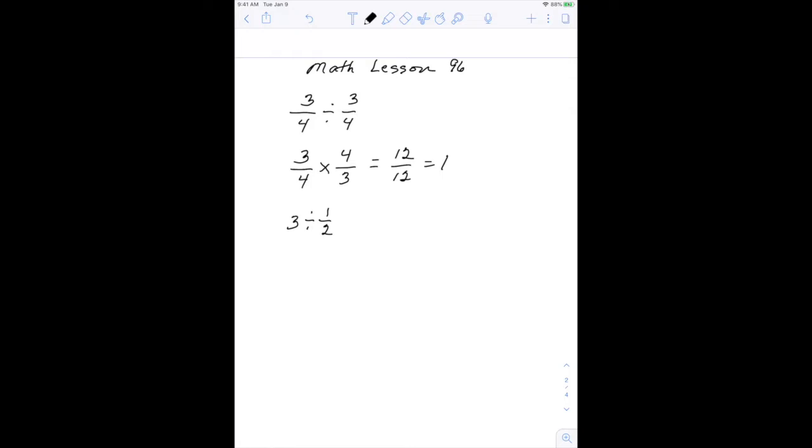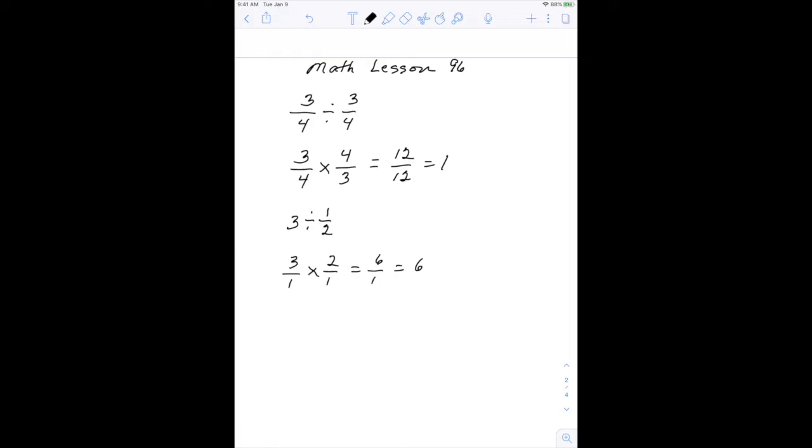Let's see how that would work now with multiplying the reciprocals. We could say 3 over 1, which you know is the same as 3. We change the division to multiplication and we flip it. Or we use the reciprocal, which gives us the answer we know would be correct. And that's how we do division of fractions.